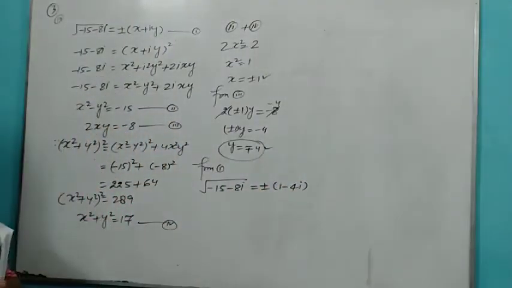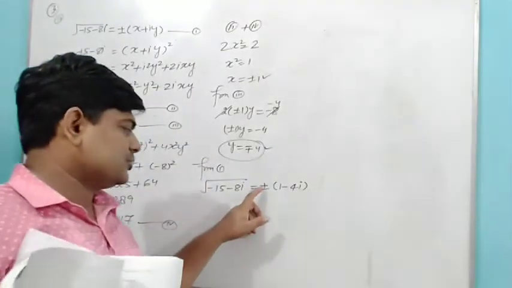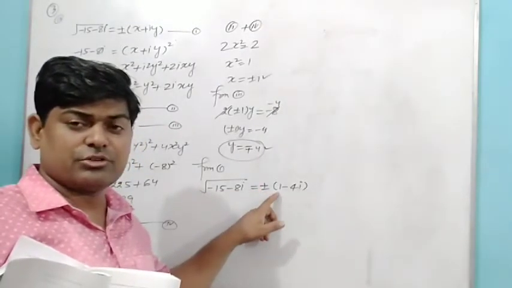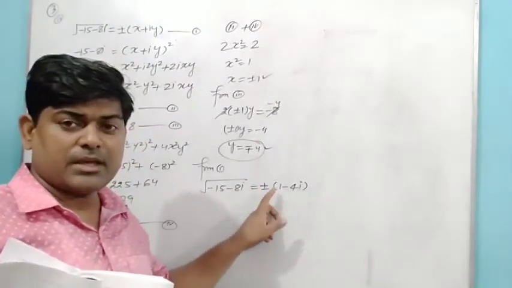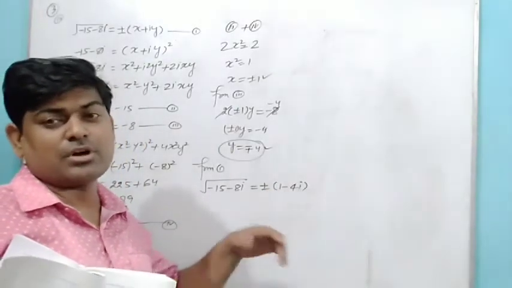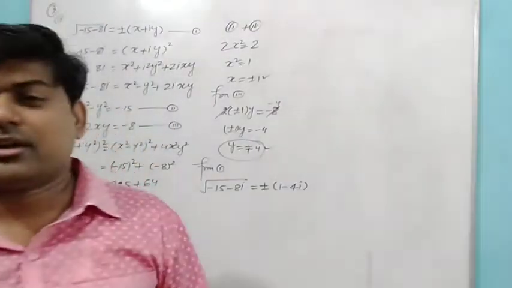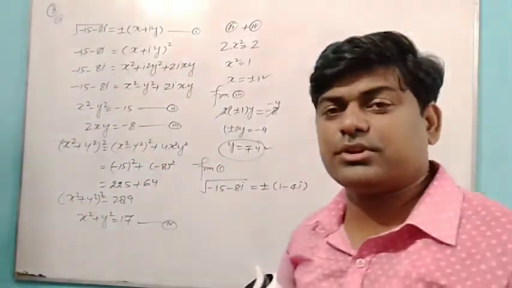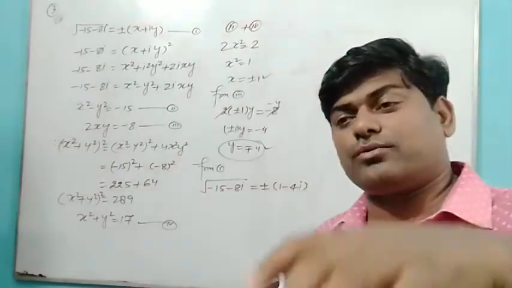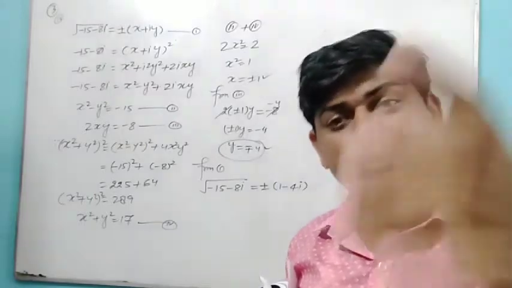You can see, if it is minus, it means the coefficient of i is negative, so when I take a positive sign, x will be positive, y will be negative. If I am taking a negative sign, then x will be negative, y will be positive. So I am having one result here. You may keep in your mind, if there is any question where the coefficient of i is negative, then in the square root of this complex number, that coefficient of i will be negative again.